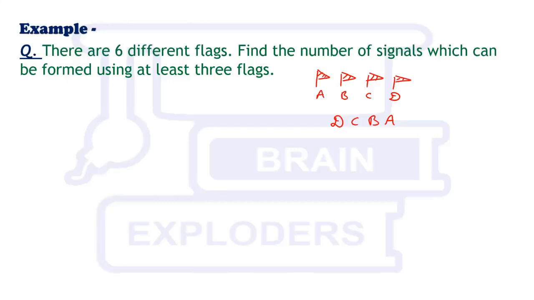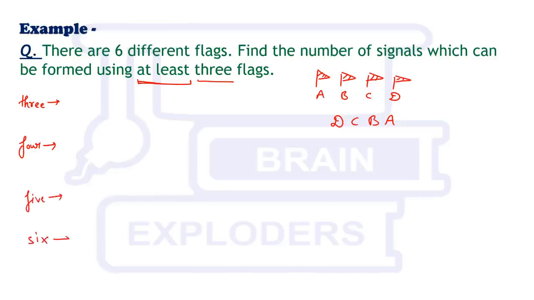So whenever there is the word "at least" in our problem, it means we have to divide it into some cases. Here it is written at least 3, which means either we have to use 3 flags, or 4 flags, or 5 flags, or 6 flags.